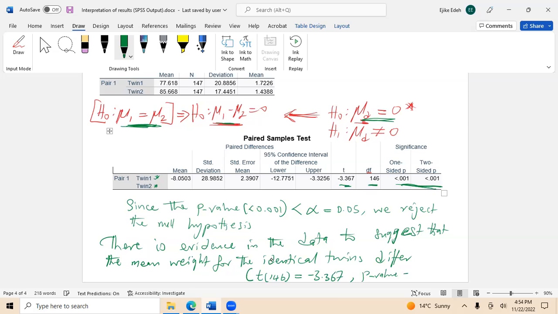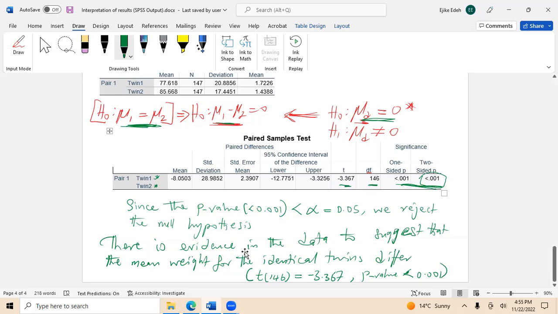So again, here we have p-value less than 0.001. If you have an actual number here as your p-value, you just say p-value equal to that number. But SPSS is telling us that it's so small that it's smaller than 0.001. So we just put it over there because we don't know the exact number. It was not given to us.